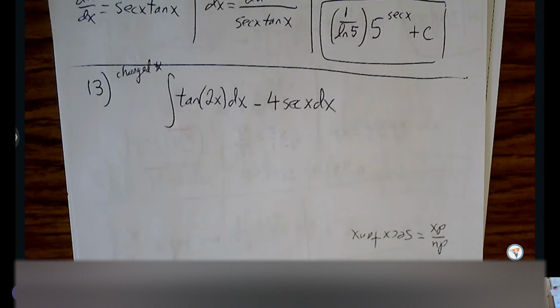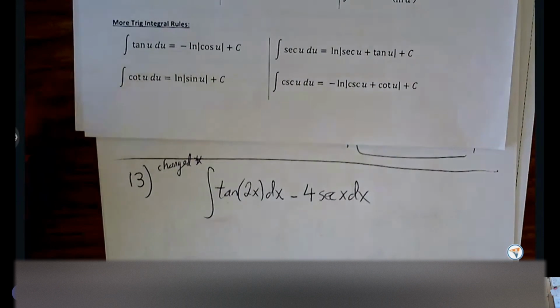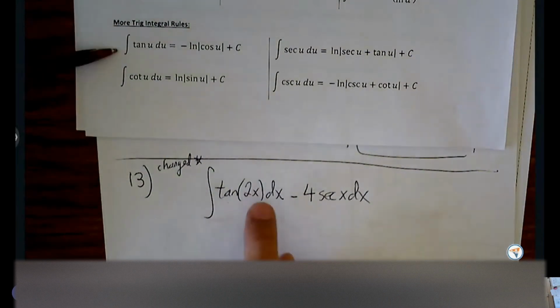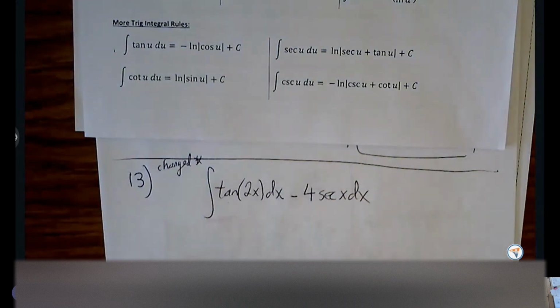Next thing is, well, let's see, what rule is going to match up with tangent of 2x and secant of x? And if we look on our formula sheet, it matches nicely with one of these new rules that we learned here. So tangent matches nicely here. Secant matches nicely here. So I think we jump directly in, right?